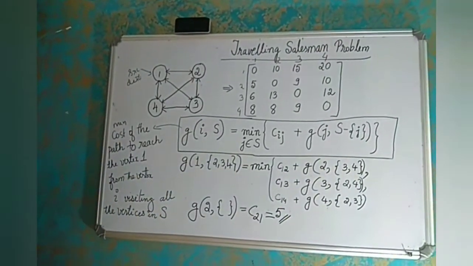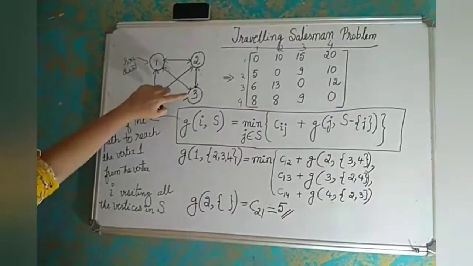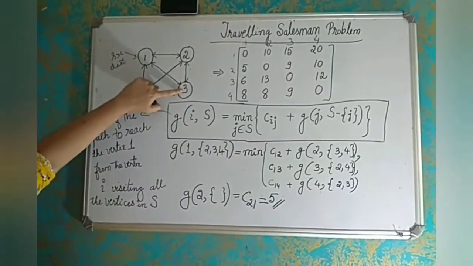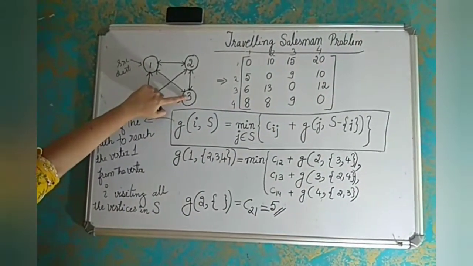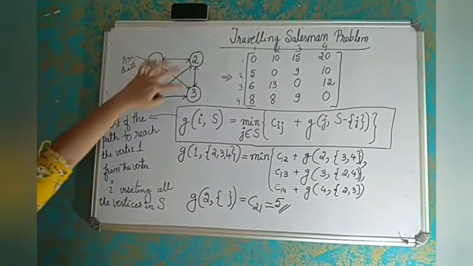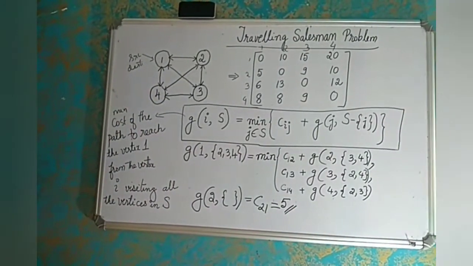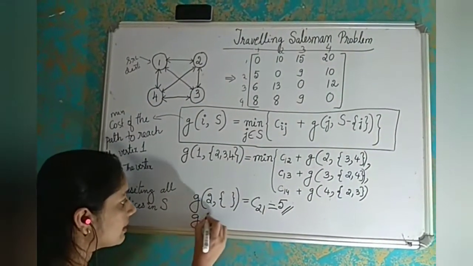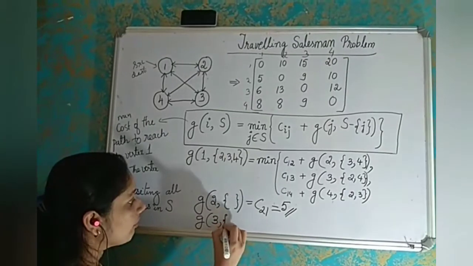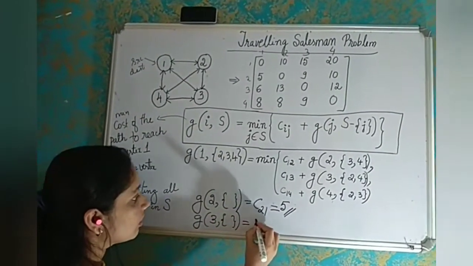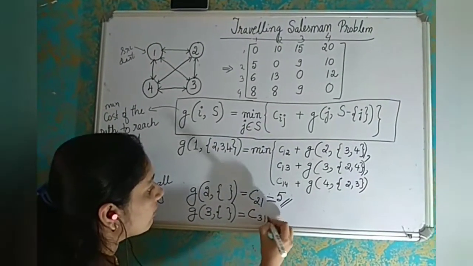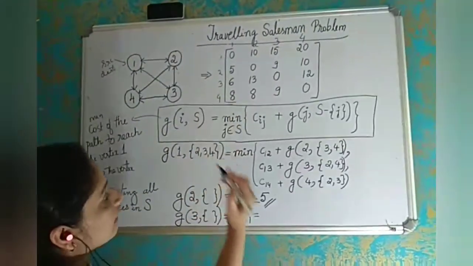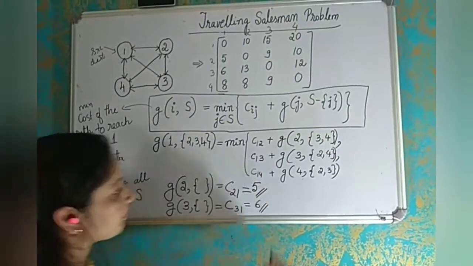So that is one direct solution you have got. Similarly, you also know how to travel from vertex 3 to 1 without visiting any vertex. We represent that cost as G of 3, null set, which is equal to C of 3 1, and 3 1 is nothing but 6.